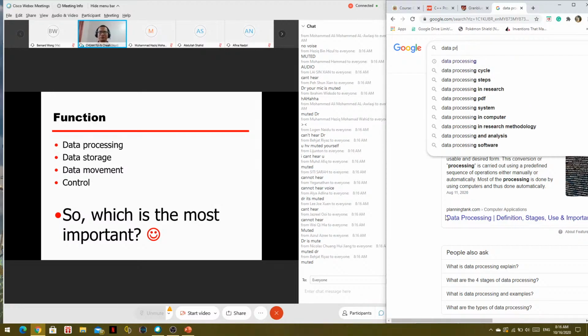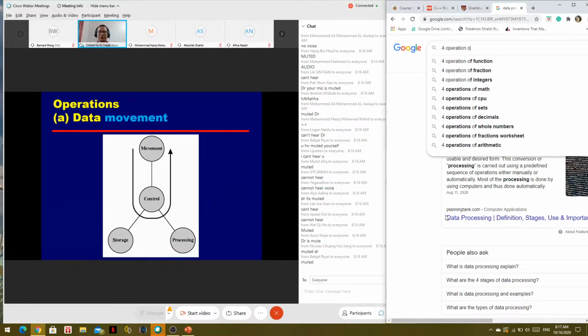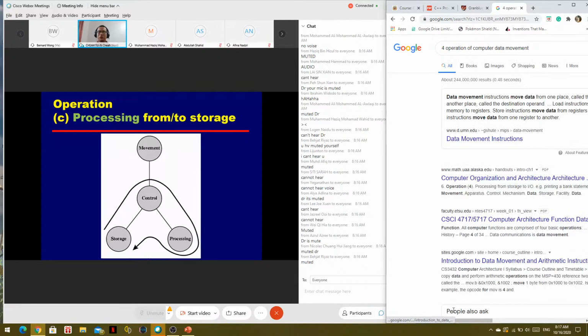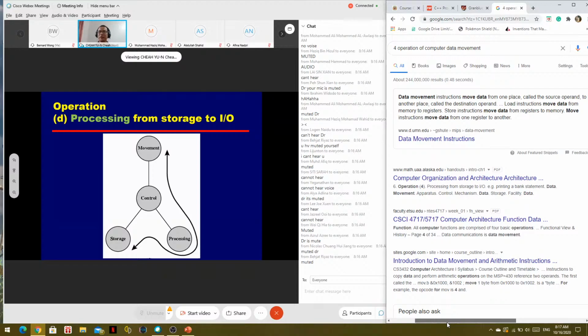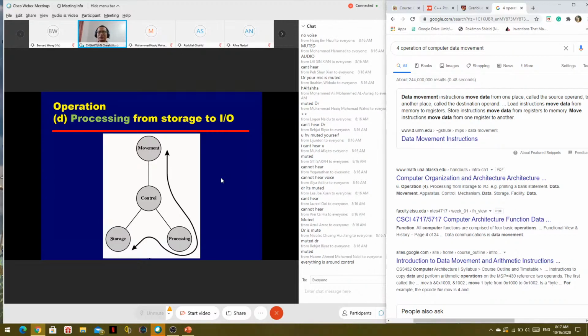If you see the diagrams, whether it is I/O based or data movement based or storage or processing, and this processing can come from the storage and or to the I/O, all of them involve the control. So you might be able to appreciate now that the control is maybe the most important, or the busiest.